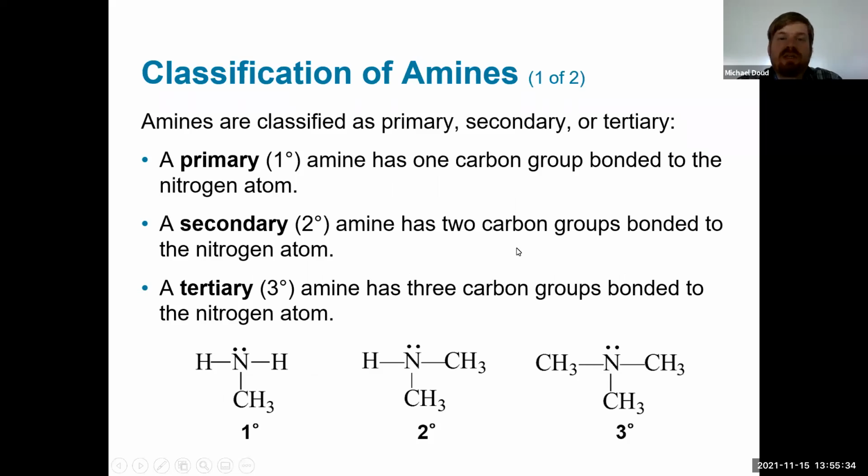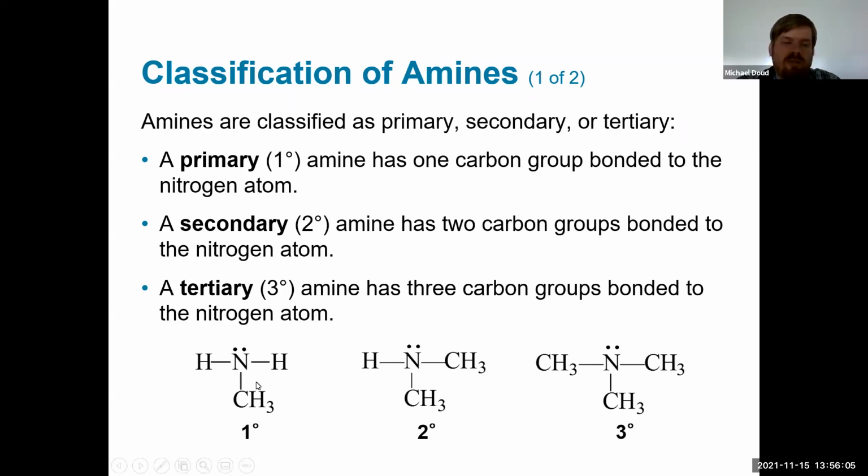Now, amines have a very important classification system, similar to alcohols, but notably different. Remember, we classified alcohols as primary, secondary, or tertiary, depending on the number of carbons that the carbon bonded to the hydroxyl group was bonded to. Now we're going to do something similar for amines, but notably, when we're talking about primary, secondary, and tertiary amines, we're talking about how many carbons are actually bonded to the nitrogen atom.